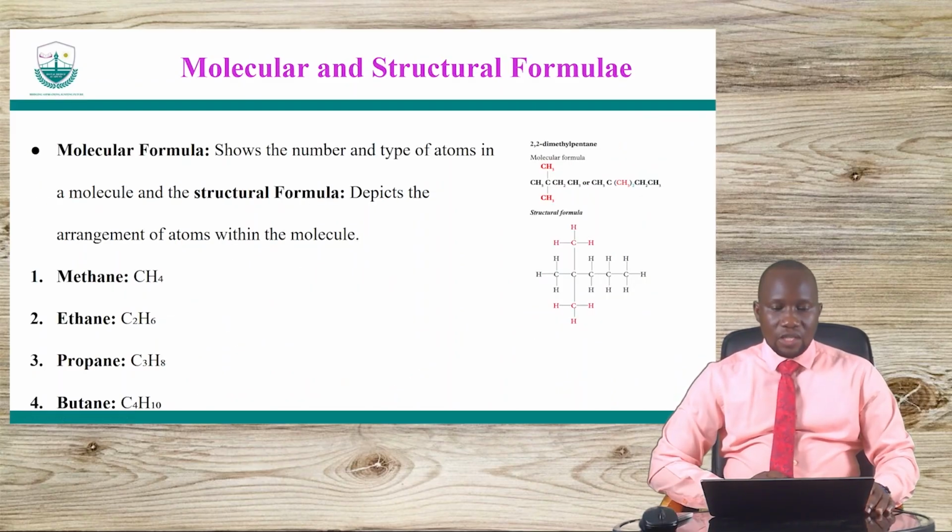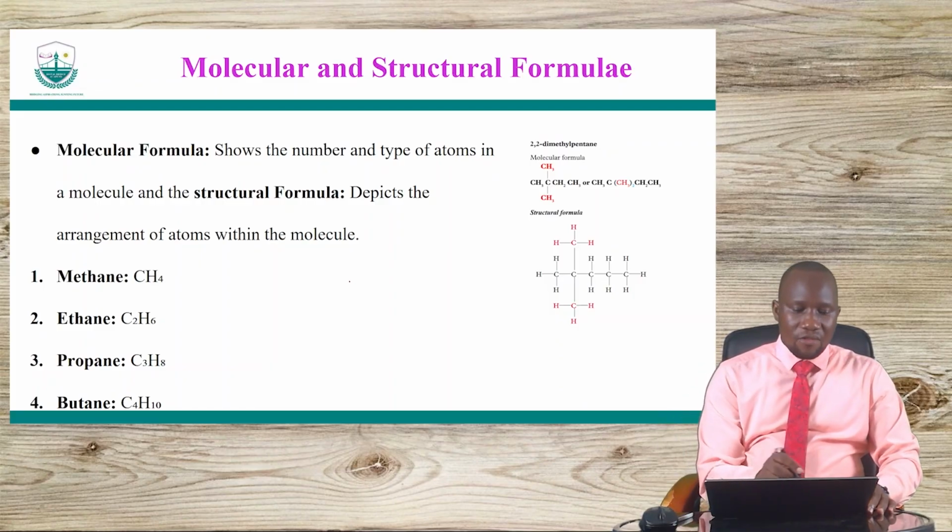Let's look at the concept of molecular and structural formulas, which you can give depending on what you want. If we have methane, that is CH4. This is the molecular formula.